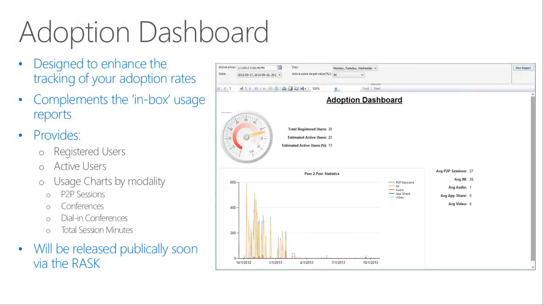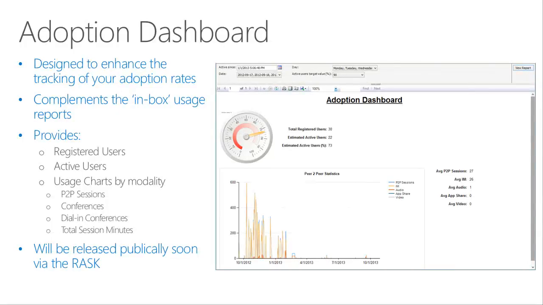And finally, my team's been working on an adoption dashboard. This has not been released yet. I know Mark and Amy talked about it last night in an adoption session. It will be released with the RASC soon. This is another view of how you're doing on adoption against your thresholds.